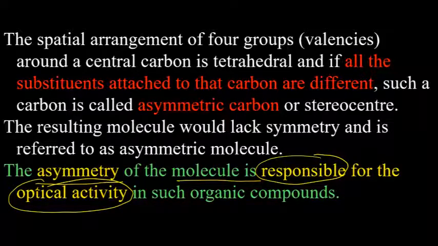So if you are asked which of the following will be optically active compound, means will rotate the plane polarized light when passed through Nicol prism, that compound, the solution of that compound, will rotate the light which has at least one asymmetric carbon. To answer, you just need to find, is there any carbon which has all the four substituent groups different? If yes, optically active.